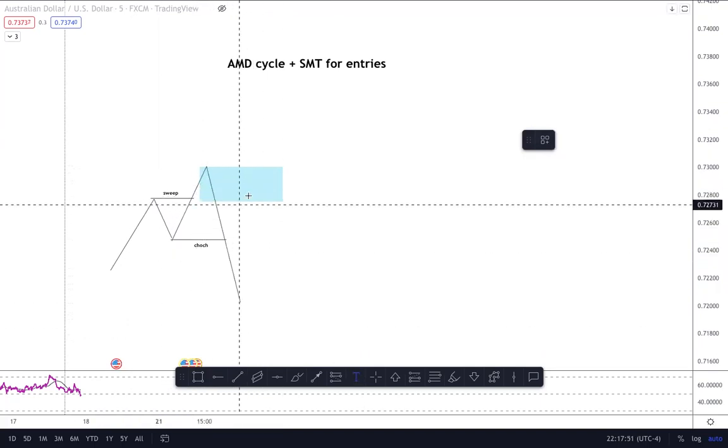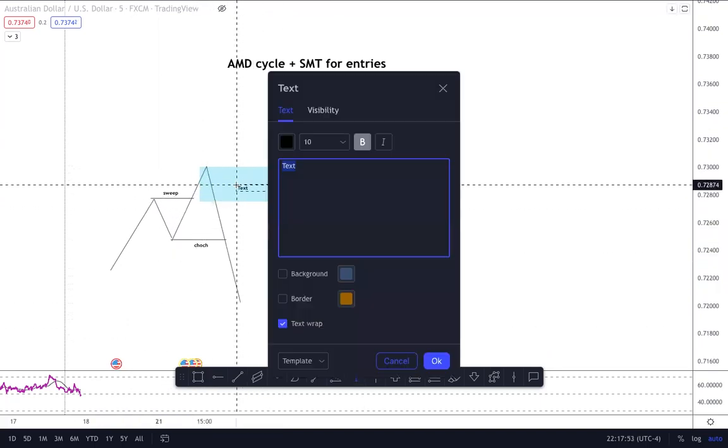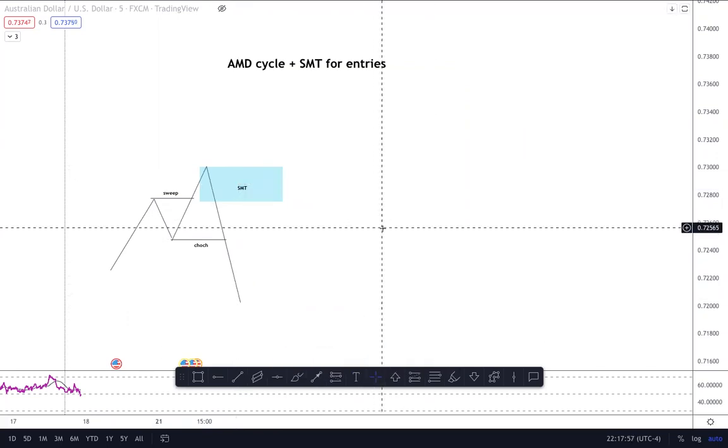Simply, this POI right here becomes a smart money trap. It is not the only smart money trap in the market. I want to emphasize that. A lot of people are probably saying, Ben, this is not the only smart money trap that is in the market. No, of course not. But this is definitely one way of looking at it, and this is basically how I learned it and the foundation that I learned all the other different types of traps that are associated in the market.